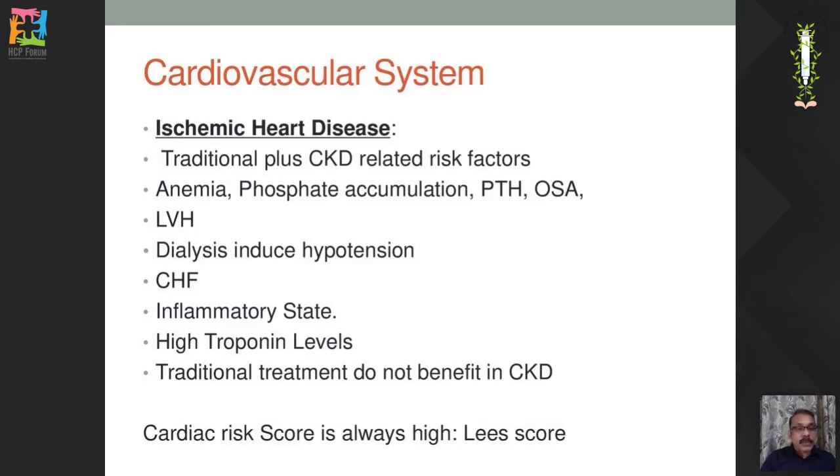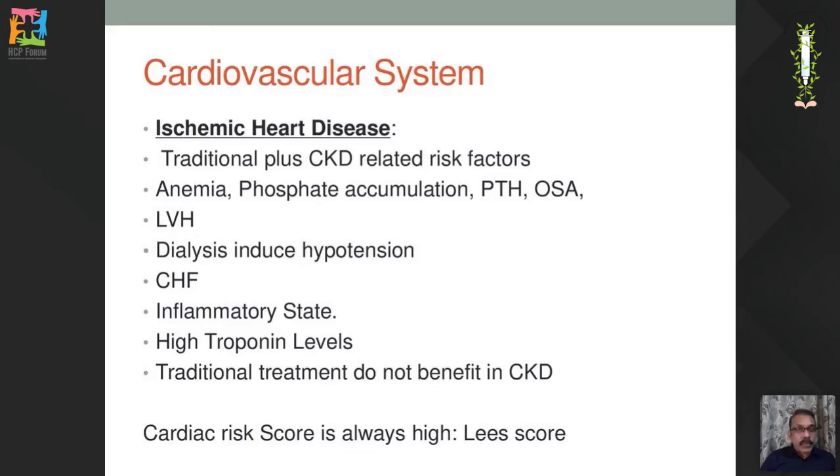Additionally, they have anemia, phosphate accumulation, parathyroid hormone dysfunction, and dialysis. If you find a patient before the transplant whose blood pressure is on the lower side, that is not a good sign. That means they might do worse than the hypertensive patient. Chronic heart failure is very common, and the inflammatory state, which I already mentioned, gives atherosclerotic plaques, so hidden or silent coronary artery stenosis or ischemic heart disease is very common.